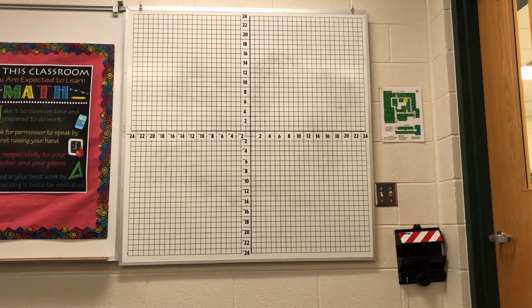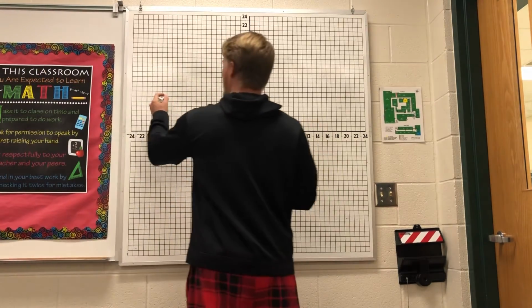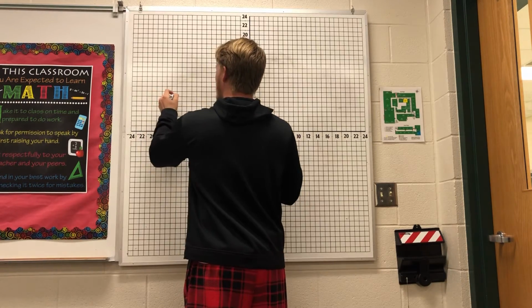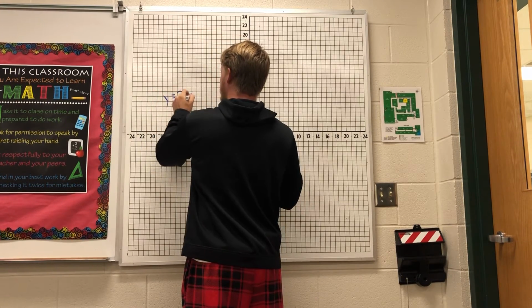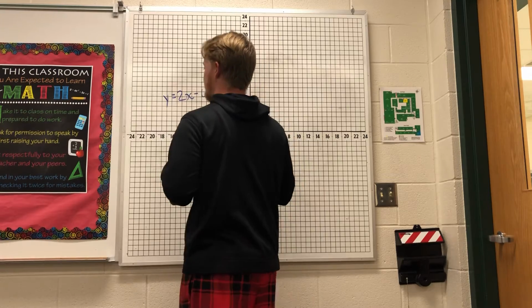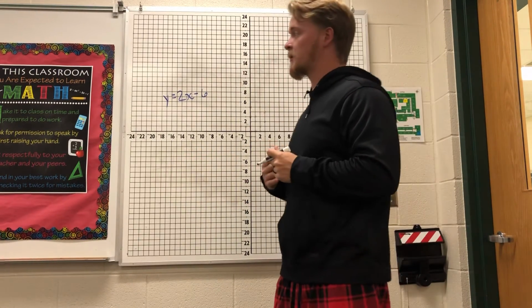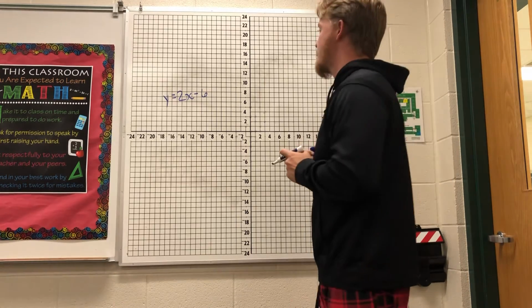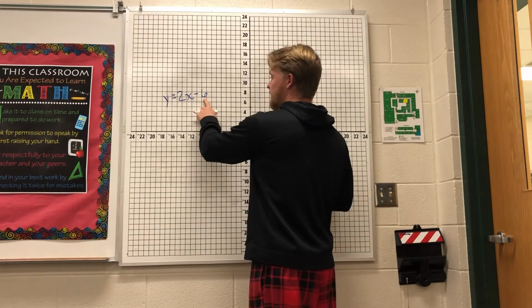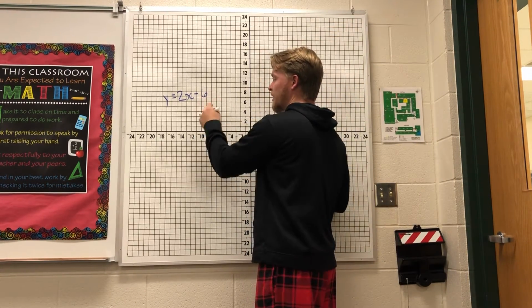Okay, so our first equation is y equals 2x minus 6. So remember, the first point, like we discussed, comes from your y-intercept, which is, in this case, your last number, your b.